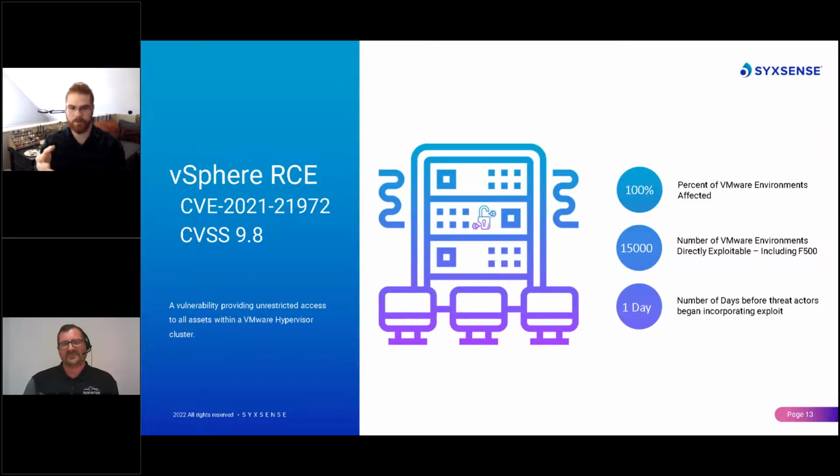At the beginning of 2021, VMware released an advisory alerting their customers to a severe vulnerability, CVE-2021-21972, which would allow a threat actor to execute arbitrary code against the web console of the vSphere product. Because of this arbitrary code execution, the attacker could then use their new access to traverse the VMware cluster and take control of assets at scale.